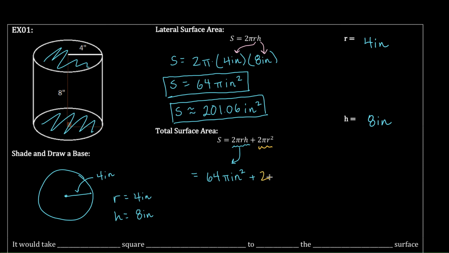So I'll do 2 pi, radius is 4 inches squared. All right, so I'm going to keep this here. I'm just going to do the math over here first. 4 inches times 4 inches is 16 inches squared. And it's going to say 2 pi. And I like to keep this like this for now.